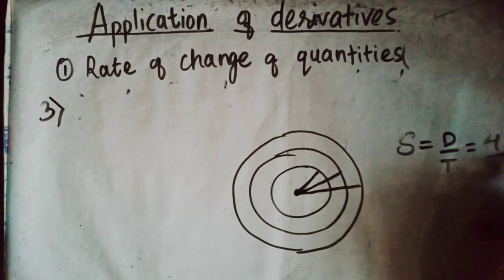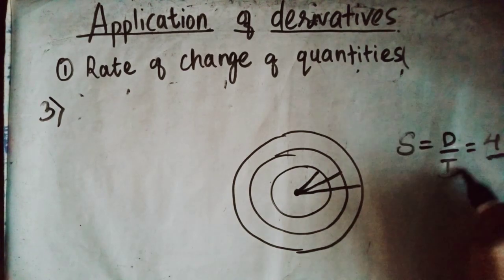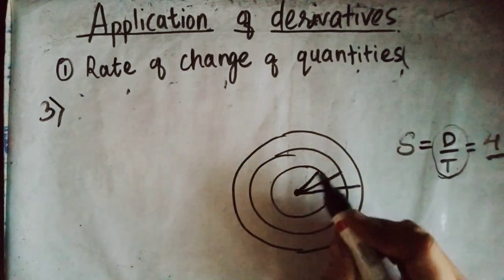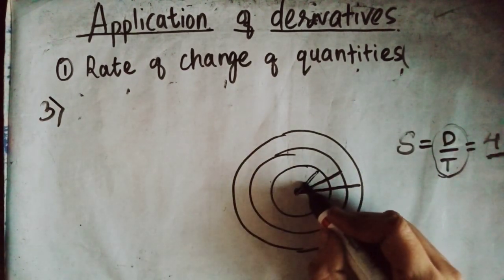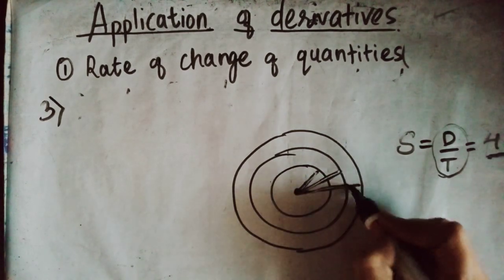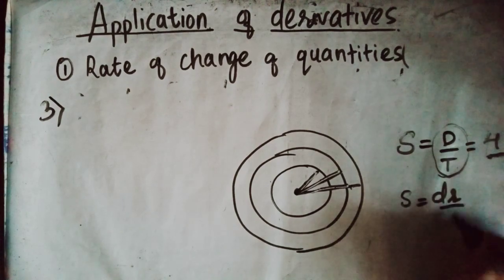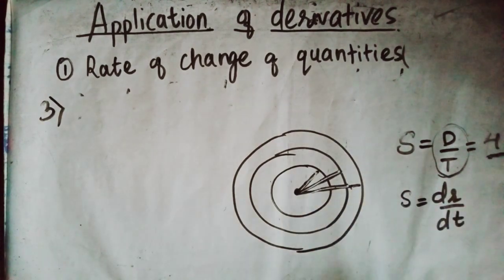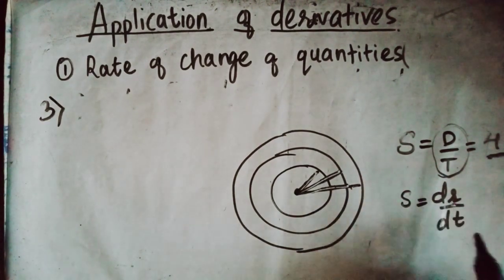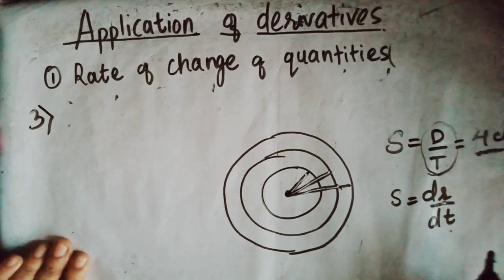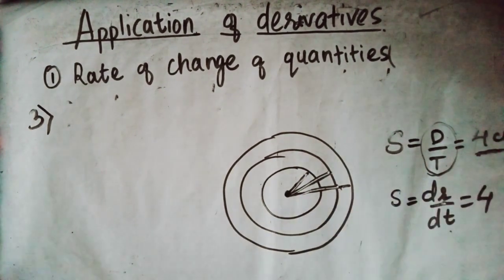Your distance is increasing with time. What is increasing here? Here it is radius. Radius is increasing. So speed you can write as dr by dt, that is the rate of change of radius with respect to time. So this is your 4.